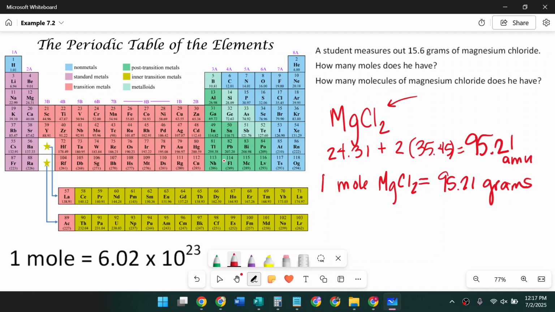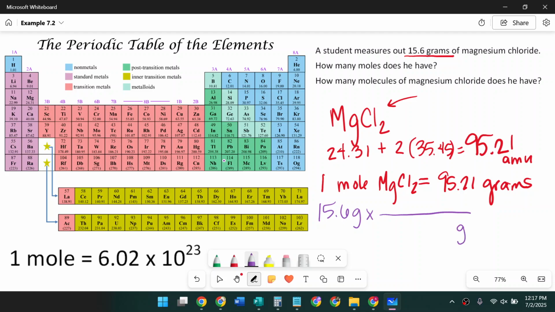So that helps us out because they have told us how many grams we have, and we know that 15 is a lot less than 95, so we have less than a mole of magnesium chloride. But we can use this thing that we just figured out as a conversion relationship. So we can take our 15.6 grams and then multiply it by what we have up here.